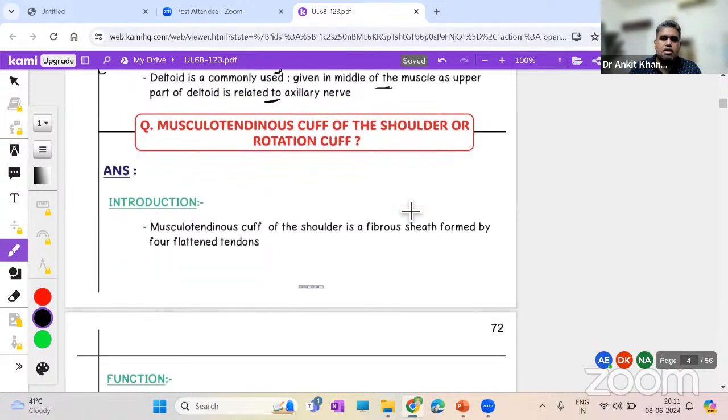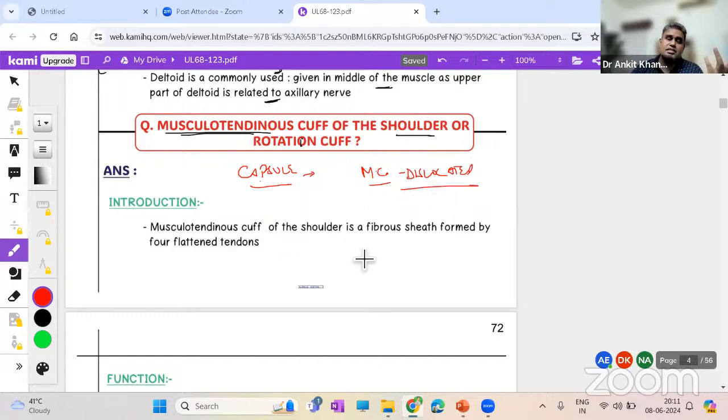Next after deltoid comes our rotator cuff, or the musculotendinous cuff. Do remember, these are the cuff muscles which are attached to the capsule of the shoulder joint. Why? It is there to protect the shoulder joint, because the shoulder joint is the most common large joint that gets dislocated.